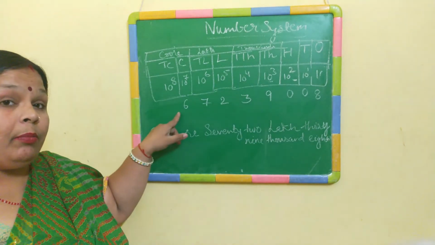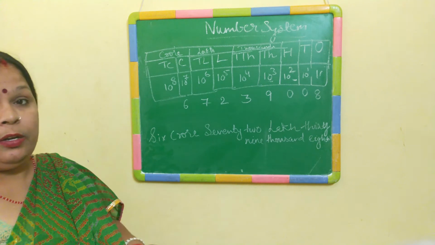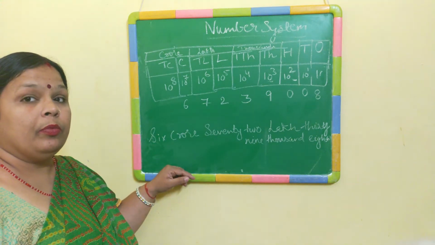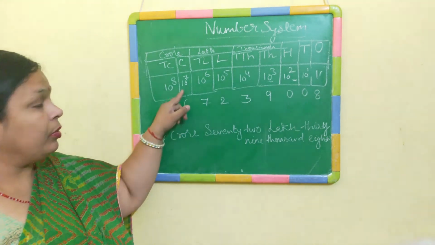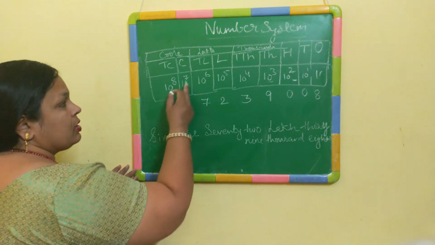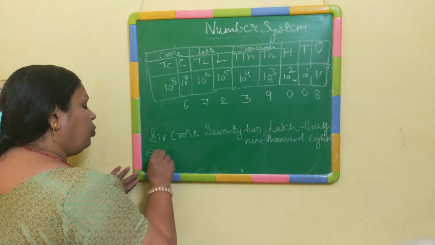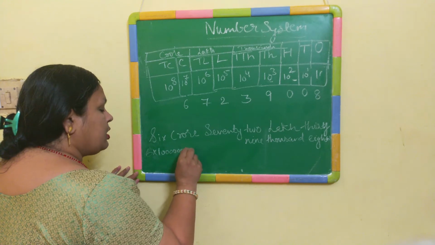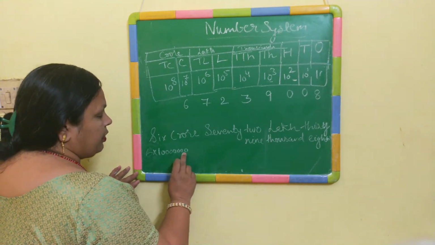Let's write the same number in the expanded form. While writing a number in the expanded form, we need to take care of the powers. Now, 6 into 1 followed by 7 zeros: 1, 2, 3, 4, 5, 6, 7.